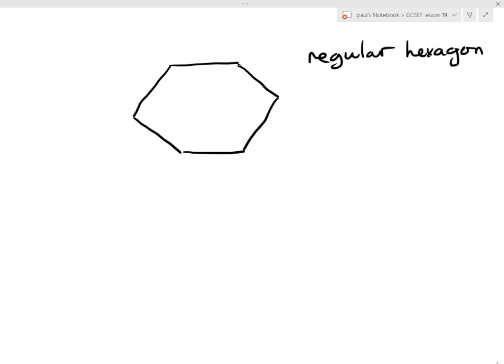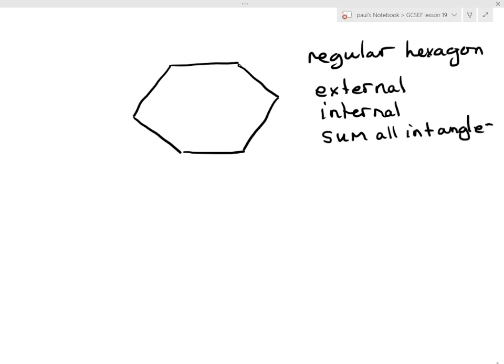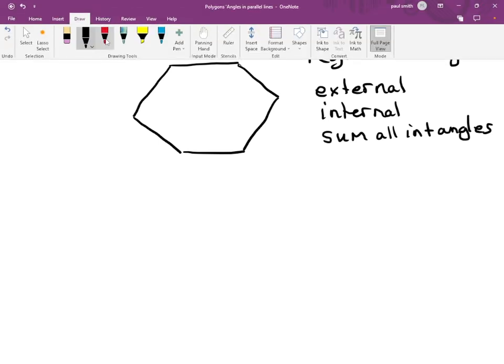And for regular polygons, we might be asked to work out what's called the external angle, the internal angle, and the sum of all the internal angles. And there are several ways to do this, and we start with the first method.